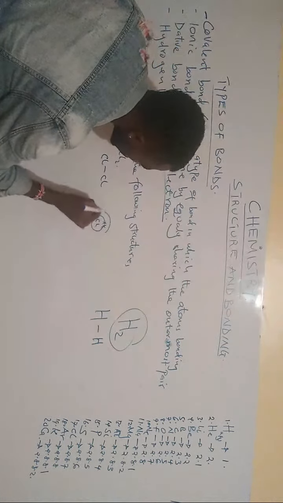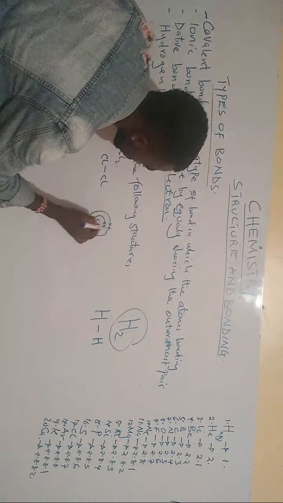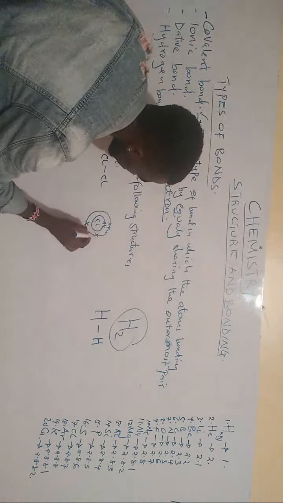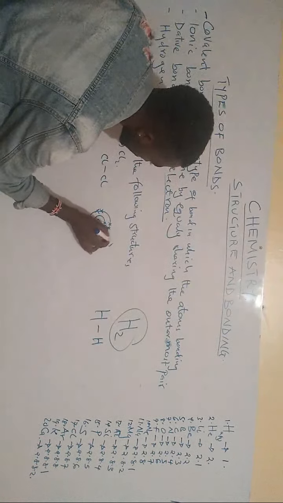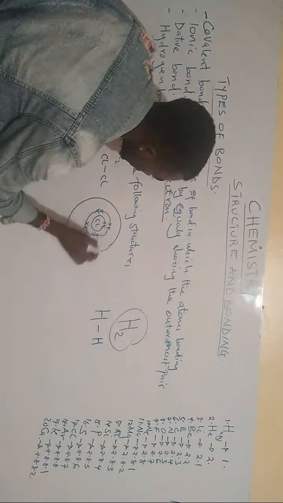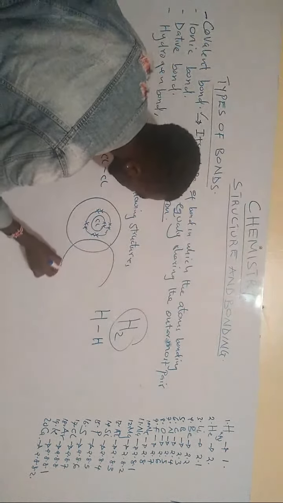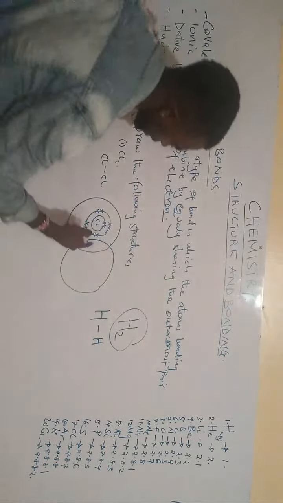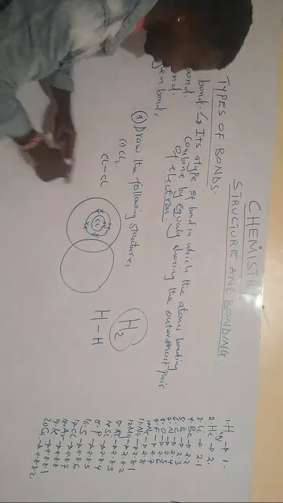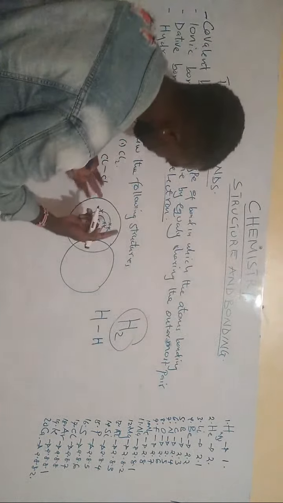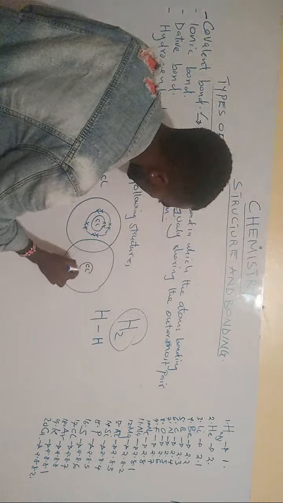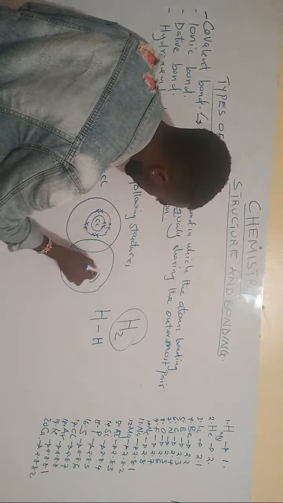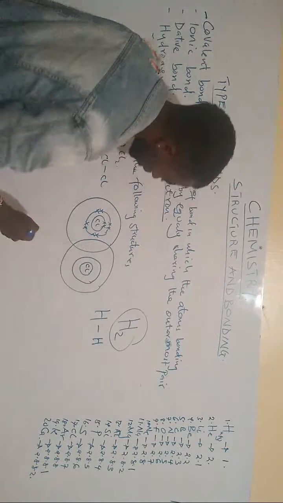For the first one, 1, 2, then 1, 2, 3, 4, 5, 6, 7, 8, then the last one is 7. Remember, for the structure you can draw only the outermost energy level. That is okay, you don't have to draw everything, but for your learning, since we may have some beginners watching, let's do everything.